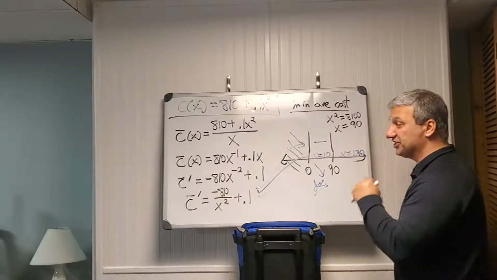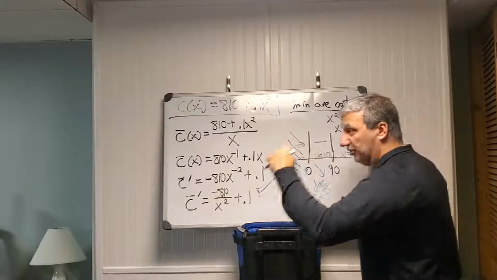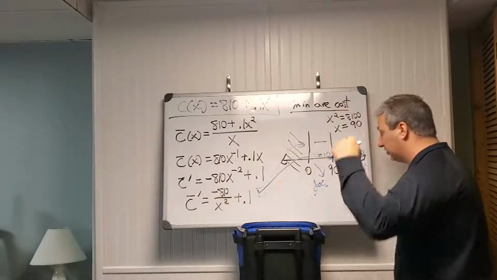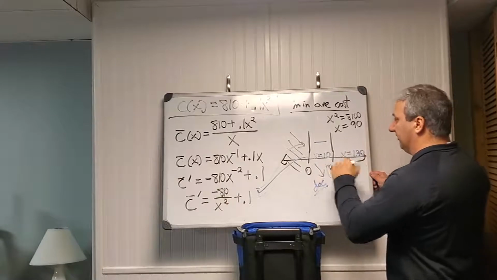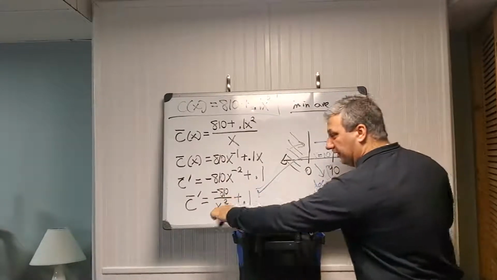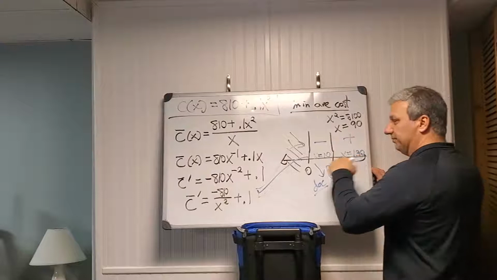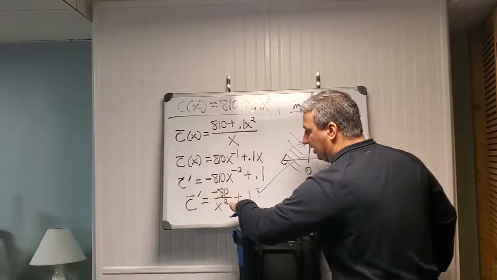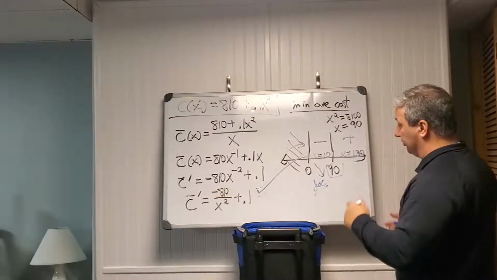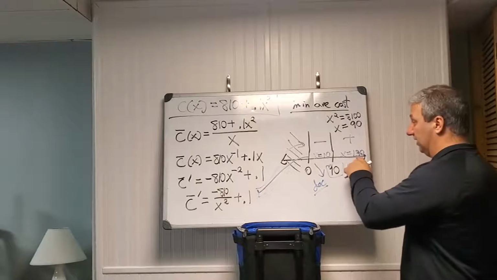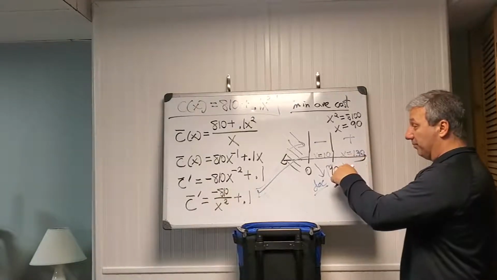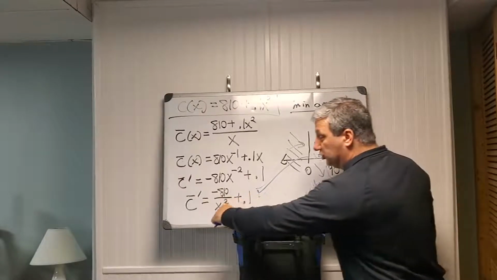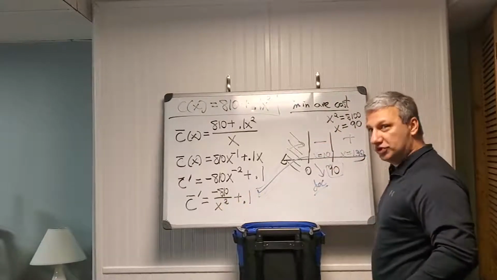Go back to previous videos of maxes and mins over and over until it gets into your head. We're in the application section now. So I hope you looked at previous videos about maxes and mins. All right. Plug in 130. When you do, you're going to get a positive. The reason being is 130 squared makes this fraction below 0.1, and so you get a positive value out. And if you don't trust me, plug in 2 billion, because I don't care what you plug in, any number past 90. 2 billion squared is huge.